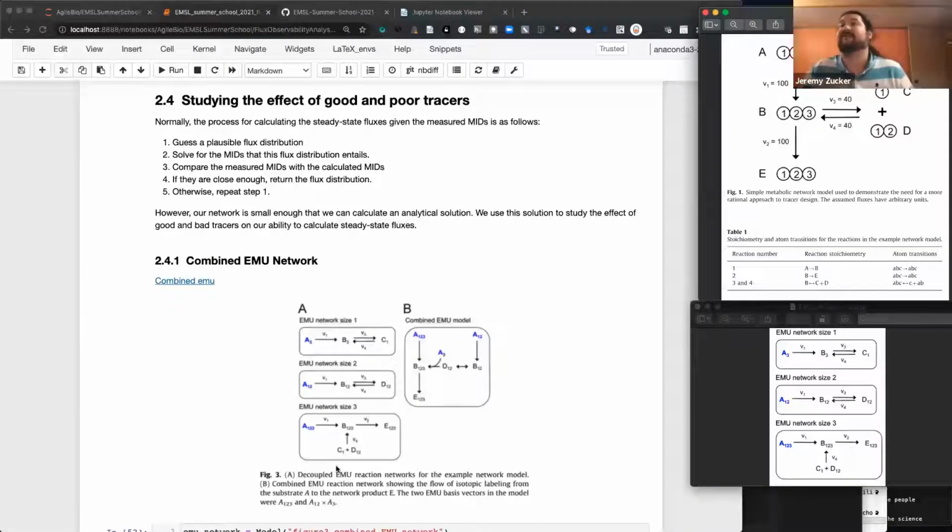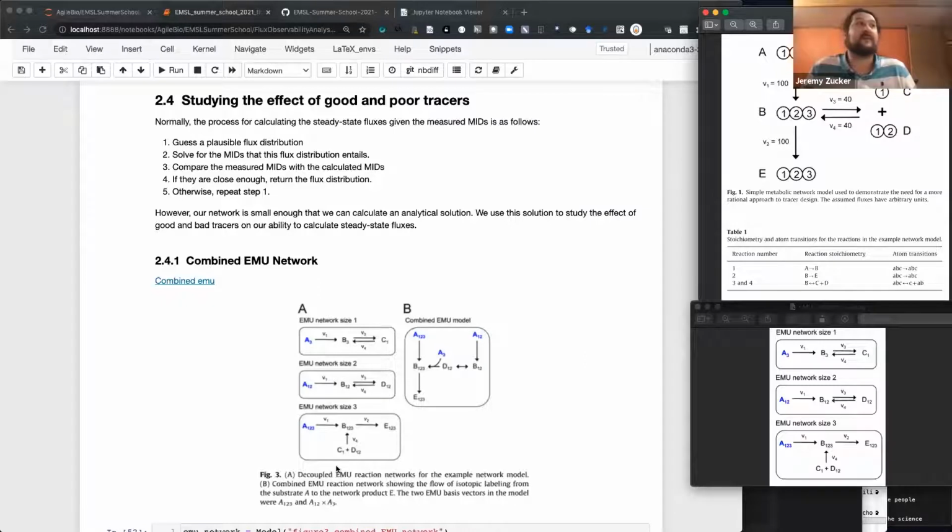So normally, the process for calculating the steady state fluxes given the measured MIDs is as follows. You guess a plausible flux distribution. It satisfies FBA, for example, but MIDs give you more constraint information. Then you solve for the MIDs that this flux distribution entails, and you compare the measured MIDs with the calculated MIDs.